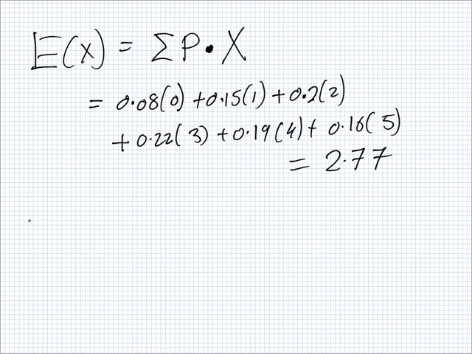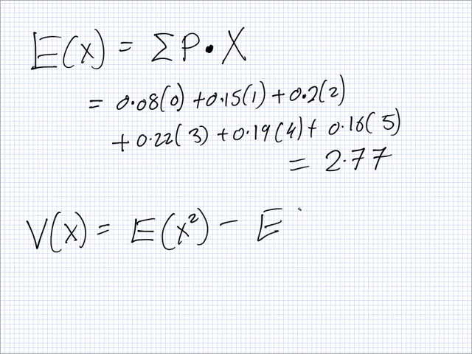Now the formula for the variance of x is the expected value of x squared minus the expected value of x, and then that is squared. This kind of looks familiar, doesn't it? Where have we seen a formula that looks a little bit like this? Doesn't it look like the same formula for the sigma?